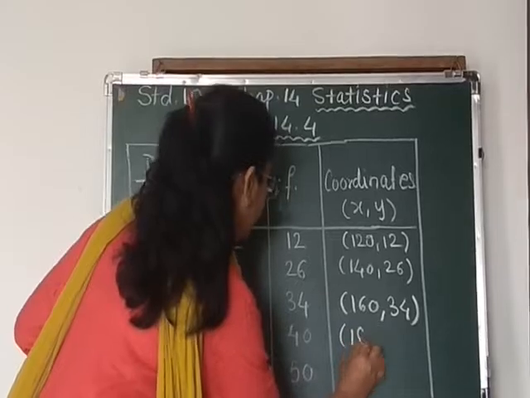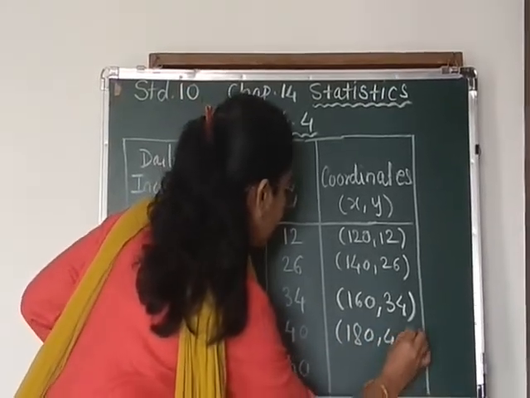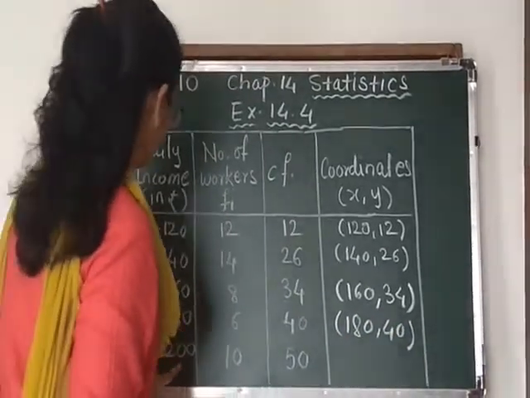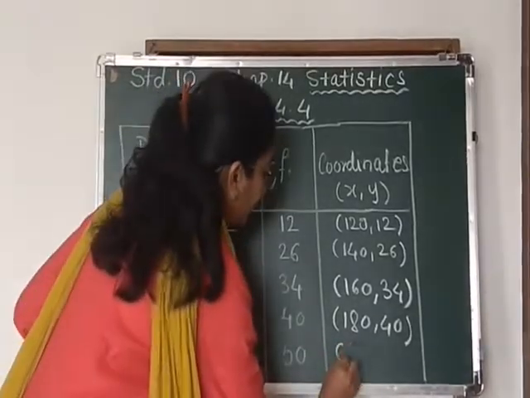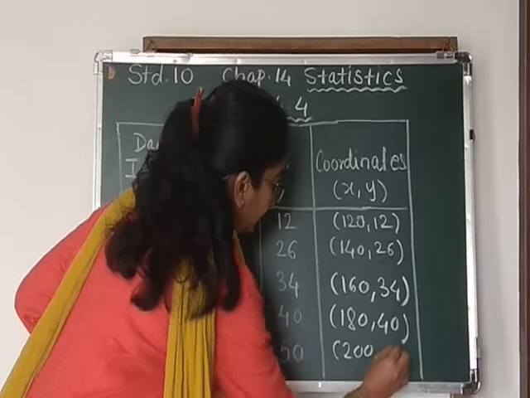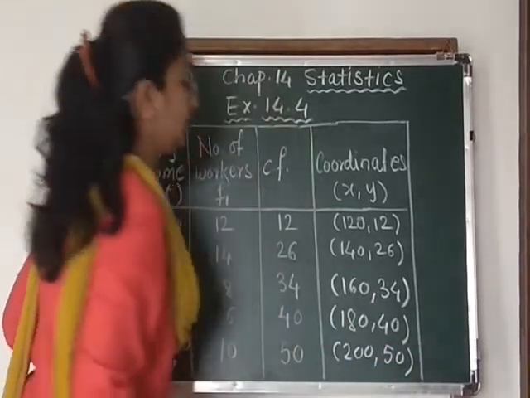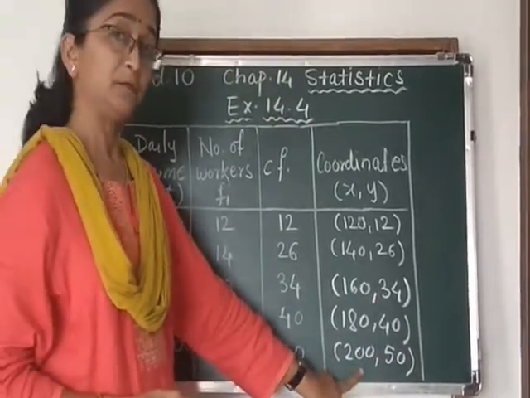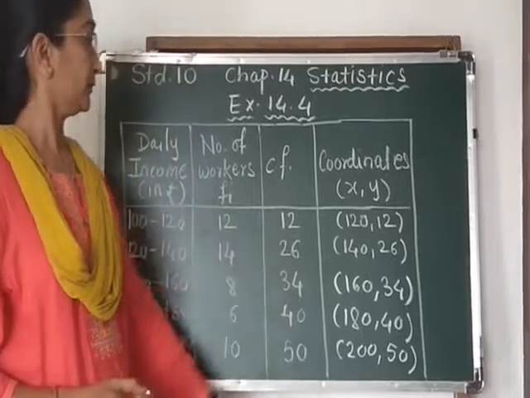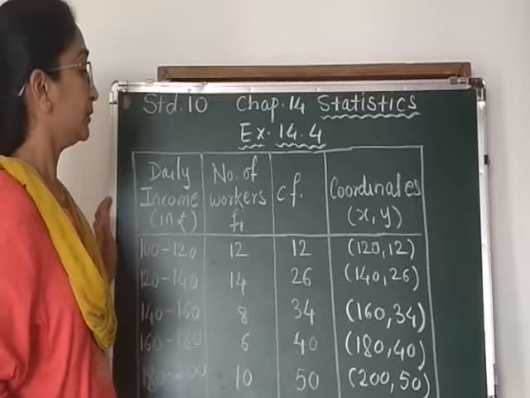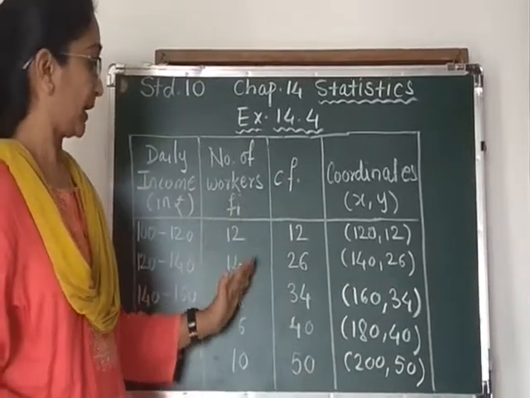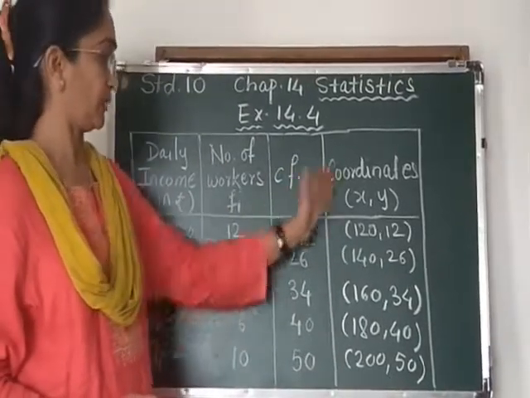Now 180, 40 are the coordinates for the fourth point, and for the fifth point 200, 50 are the coordinates. Now this frequency distribution I am going to show on the graph. For that I am going to draw the ogive from these coordinates.